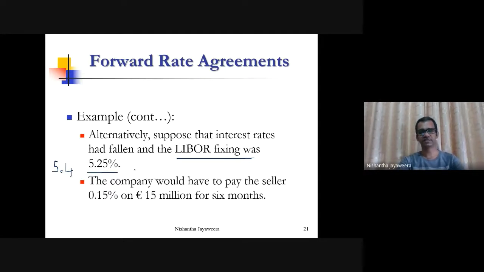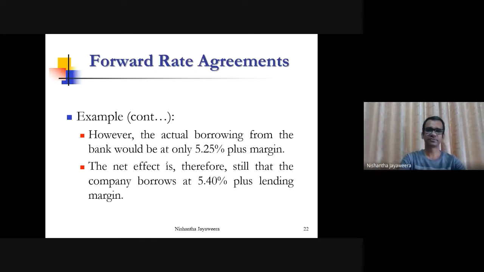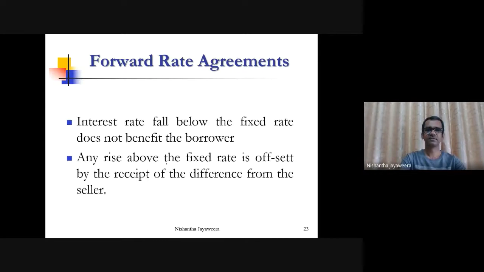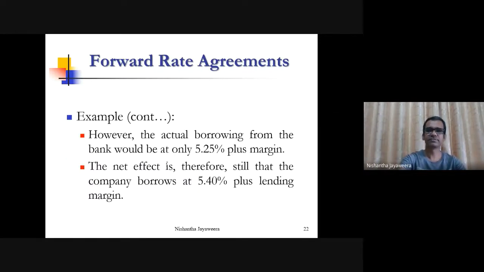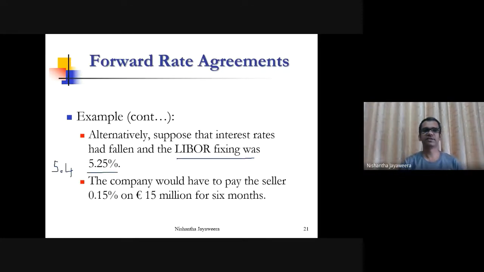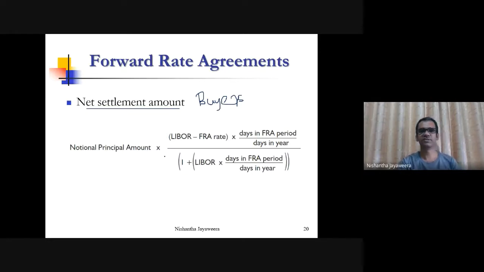So in this instance, the buyer of the FRA has to make the payment to the seller. What's the amount? Again, do the same calculation. The calculation is not given here. You can use the same equation.